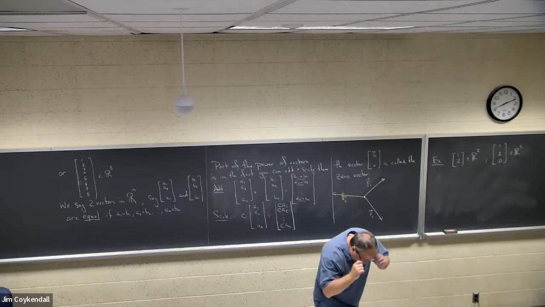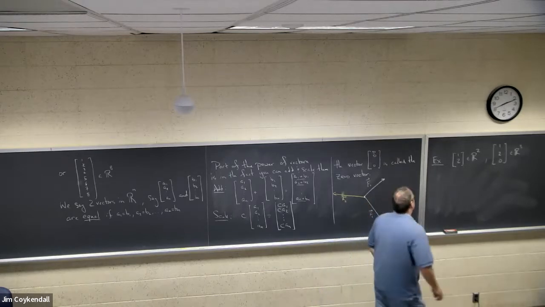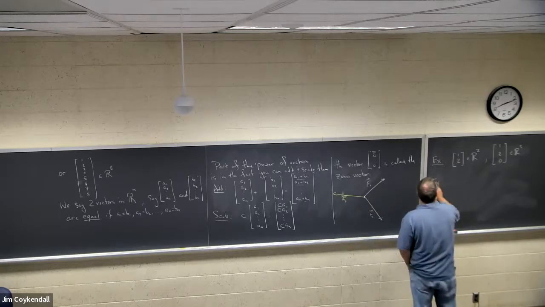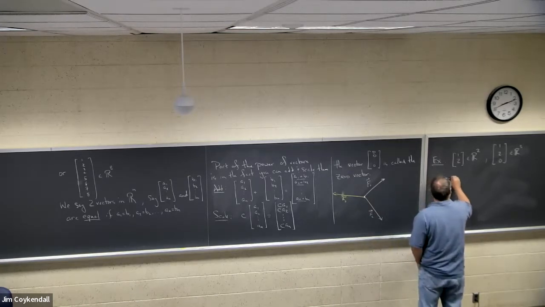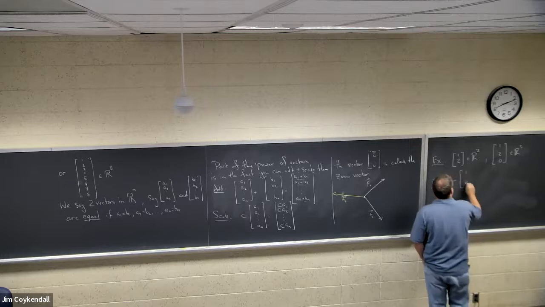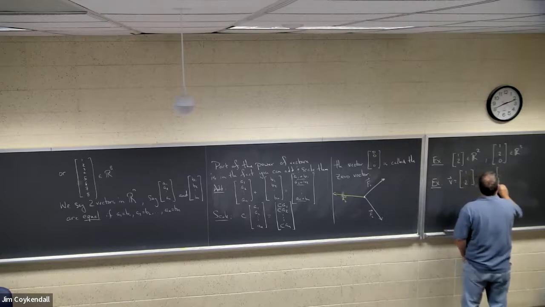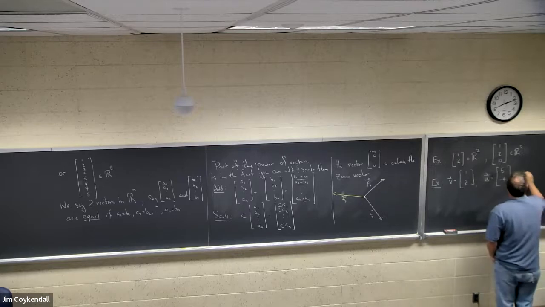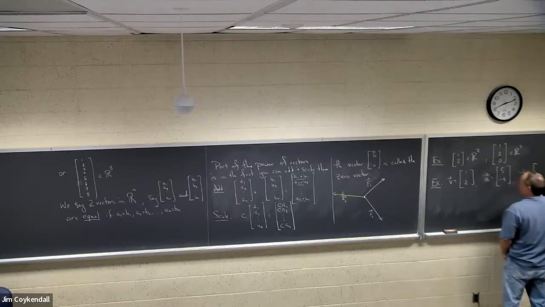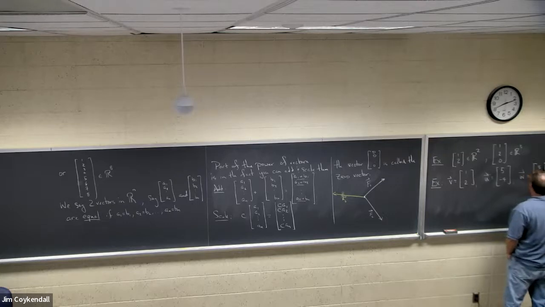Let me give you a quick example here. Let's let B equal vector, well, we'll go back to 1, 2. U is vector 5, minus 4, and W is vector, let's say, 3, minus 1.